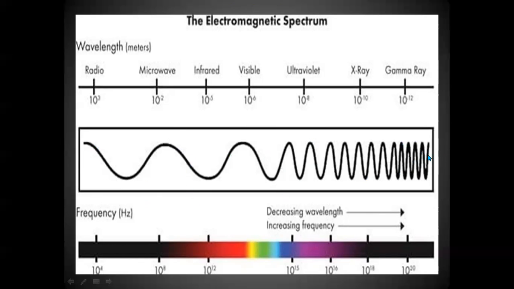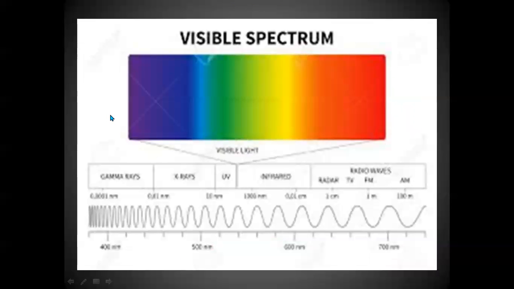So if we take the electromagnetic spectrum: gamma rays, then X-rays, then ultraviolet rays, visible region, infrared, microwave, radio waves, etc. Their energy decreases from gamma rays to radio waves. Their lambda increases from gamma to radio, whereas frequency decreases from gamma rays to radio waves.